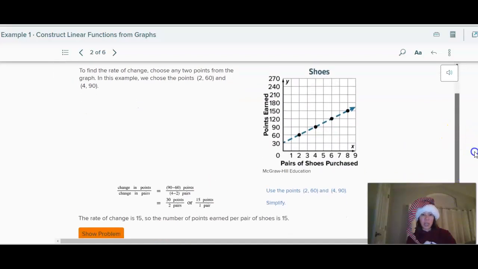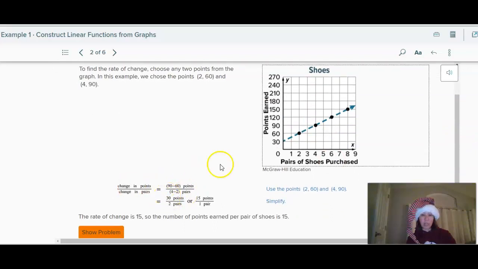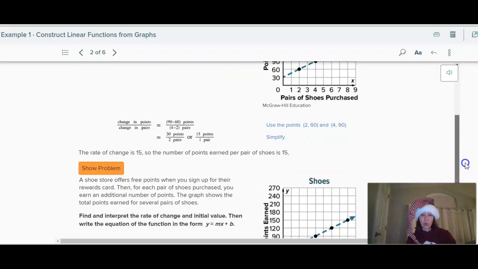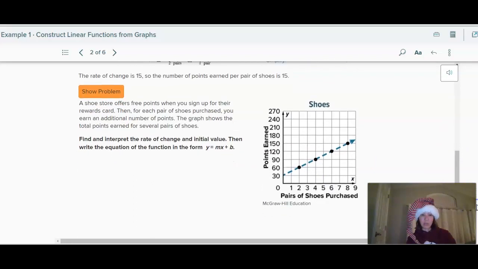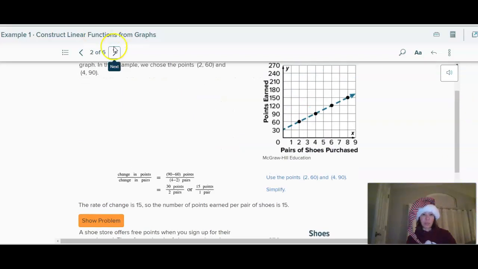So you can do this a couple ways, either using the slope formula or just counting rise over run. And we get that our slope or our rate of change is 15. So that's the first part.